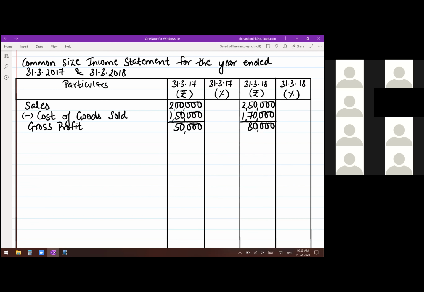Okay. Then you have less all your operating expenses. Operating expenses here, two types. First is office and admin expenses. For the first year, 4,000, and second year, 6,000.